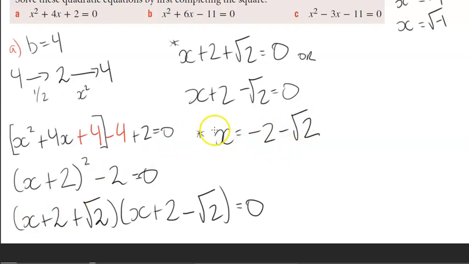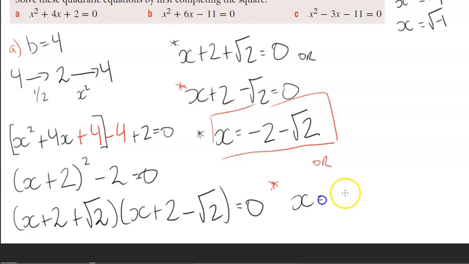There is our first solution. Or the second one, if I subtract 2 from this one and then add the square root of 2, x is going to be equal to negative 2 plus the square root of 2. And here is our second solution.